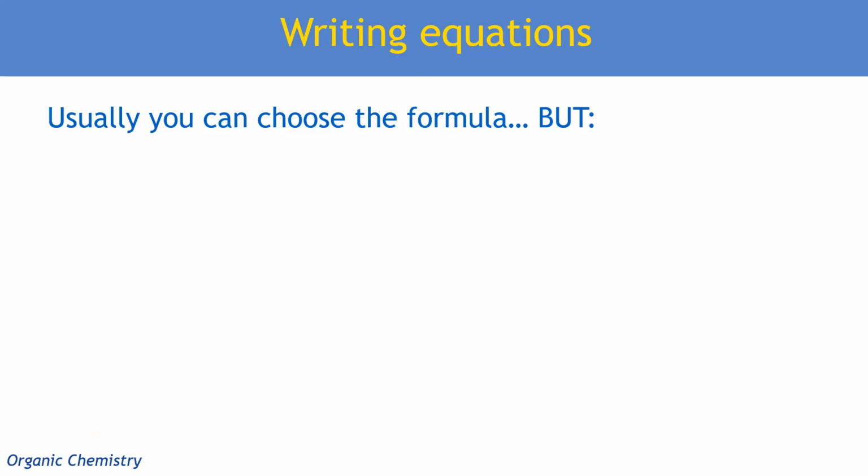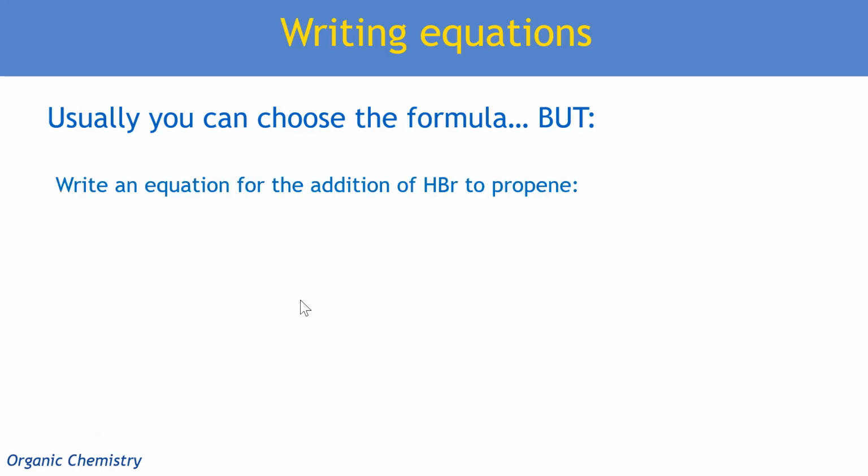If it just says write an equation, for example, addition of HBr to propene, there aren't any rules other than you have to show the sort of minimum to show that you know what the product is. So this is not good enough because you're expected to know there are 3 carbons, there's 1 double bond.